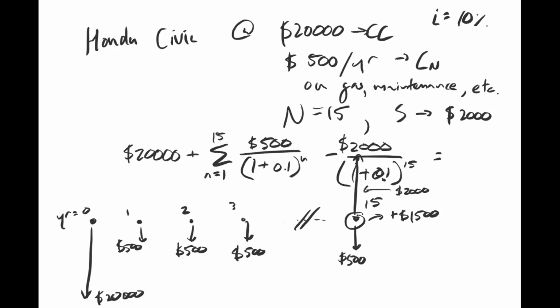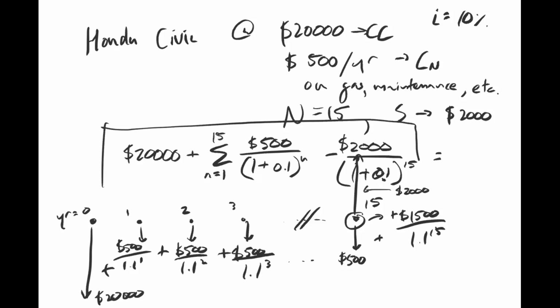And then again, we divide each of these by their respective discounting procedure, right? And adding all of these up will give you the same answer as here, except just keep in mind that the signs are different.